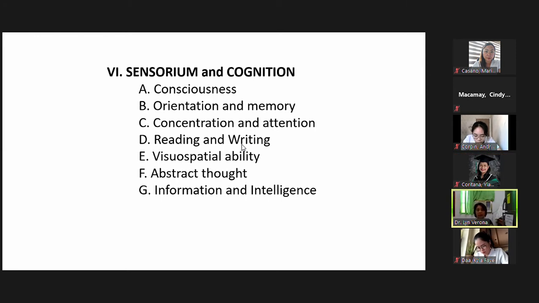That is an organic psychosis. There is a cause. So for visual spatial ability, in the department, you will be shown different figures on a cardboard, and you will show it to the patient. Then the patient will have to draw or take note of those different shapes.